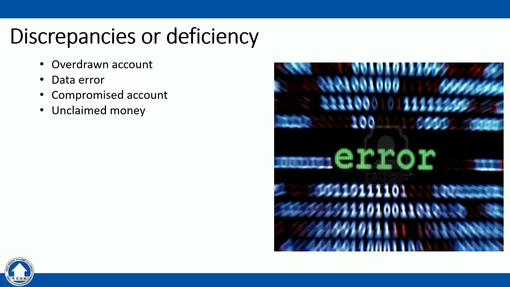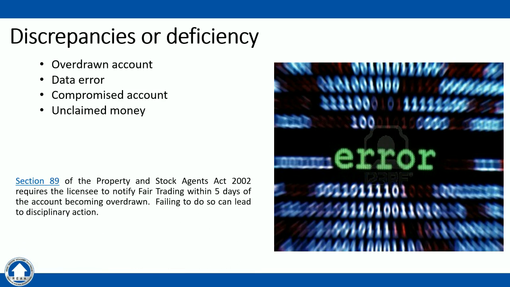However, if it is the case that we have an issue to do with an overdrawn account, under Section 89 of the Property and Stock Agents Act 2002, it's a requirement that the licensee must notify the Office of Fair Trading within 5 days of the account being overdrawn. Failing to do so can lead to disciplinary action.